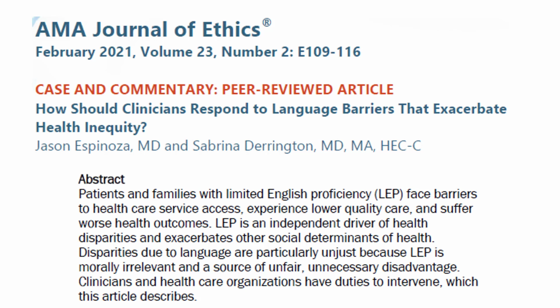LEP is an independent driver of health disparities, and it exacerbates other social determinants of health. Disparities due to language are particularly unjust because LEP is morally irrelevant and a source of unfair, unnecessary disadvantage. Clinicians and healthcare organizations have duties to intervene.